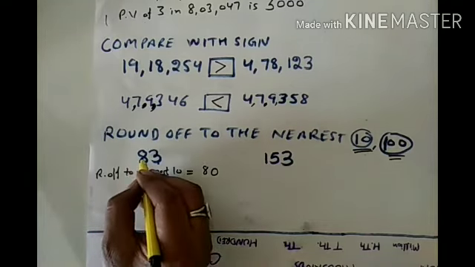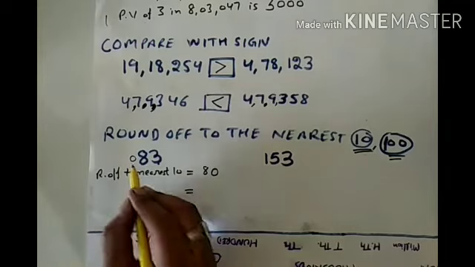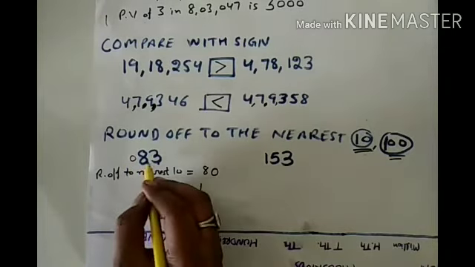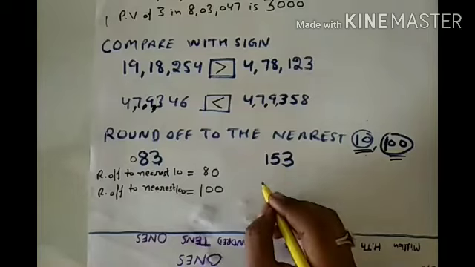It means 0. So you will increase this by 1 and you will replace these two digits by 0. So rounding off to the nearest 100 is 100.